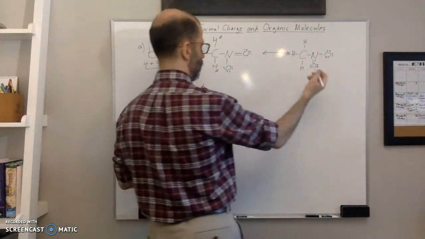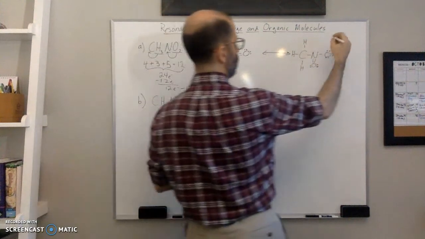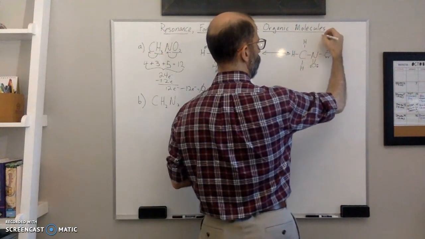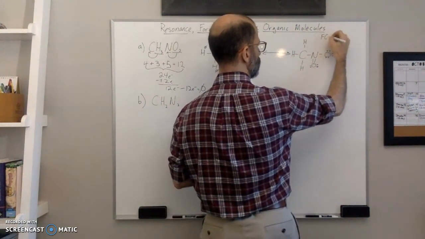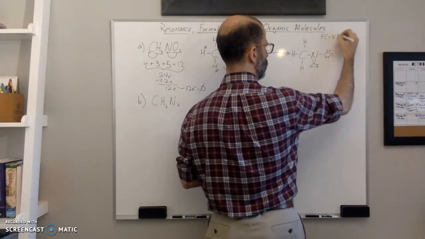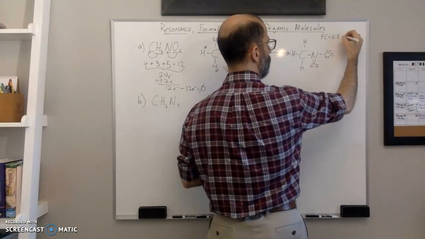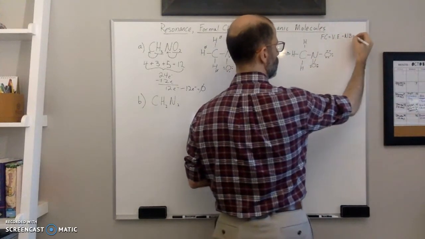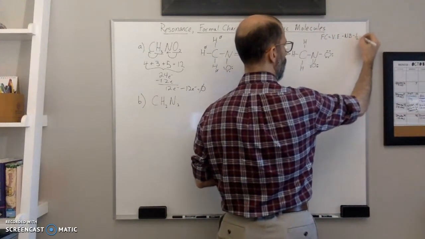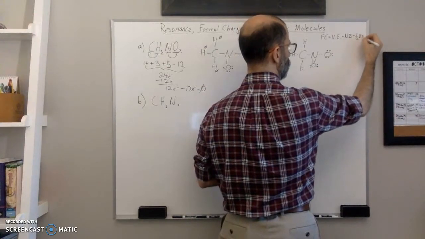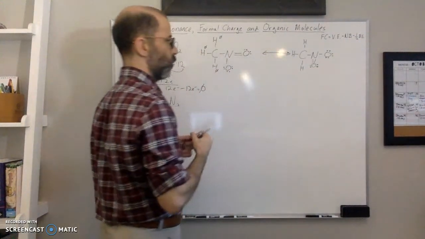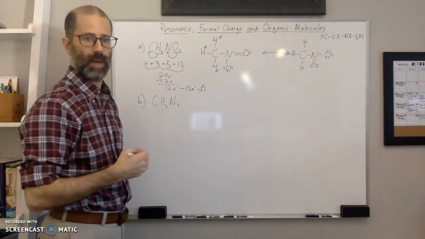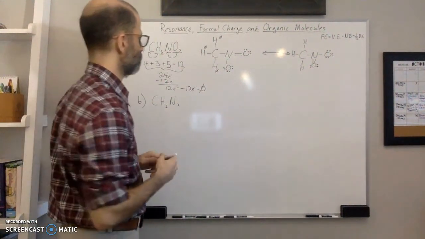And again, you can calculate the formal charge: formal charge is equal to the number of valence electrons minus non-bonding electrons, your lone pairs, minus 1/2 the bonding electrons, the electrons in the bond, which is again one electron per bond.